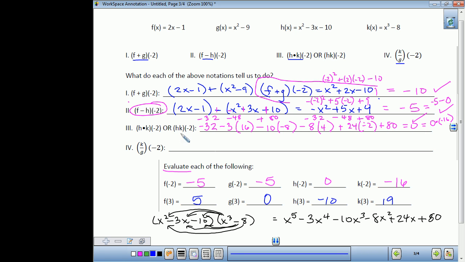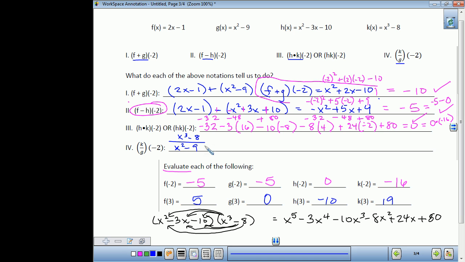So k is x cubed minus 8, over g, and g is x squared minus 9. Now we have to be careful. If we're not just evaluating, if we're just showing division, we have to be very careful because the denominator of a fraction can never be 0. If the denominator were ever equal to 0, it would be undefined.